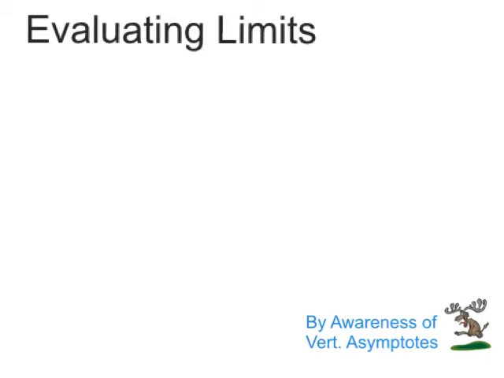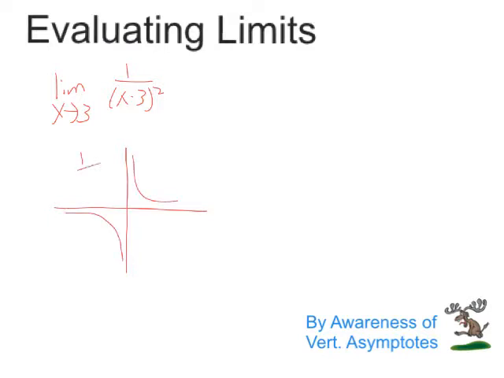Having an awareness of vertical asymptotes can help us solve problems of limits that are not working out for us. So going to this example, the limit as x goes to 3 of 1 over (x minus 3) squared. If I picture what this graph looks like, I know that 1 over x looks like this, and I know that 1 over x squared looks like this.